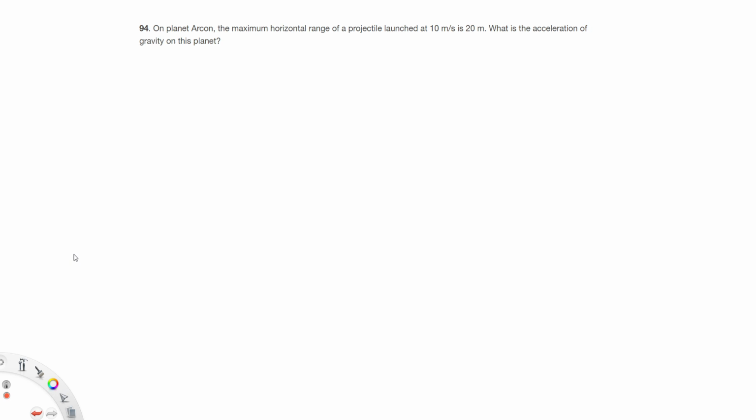So what's the acceleration on this strange and distant planet? First we're gonna start out drawing a picture, just like always. Here's the ground. Here's some potato cannon of some sort.